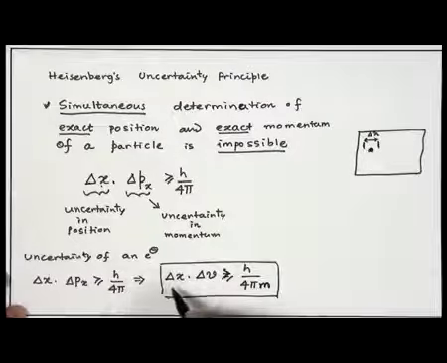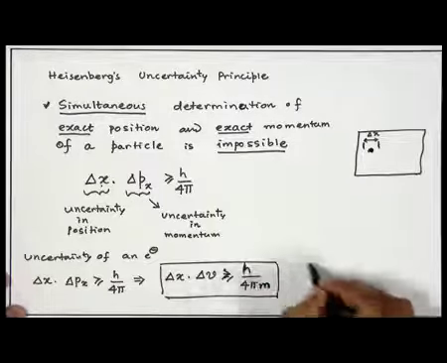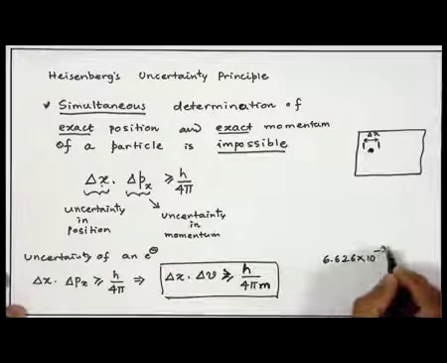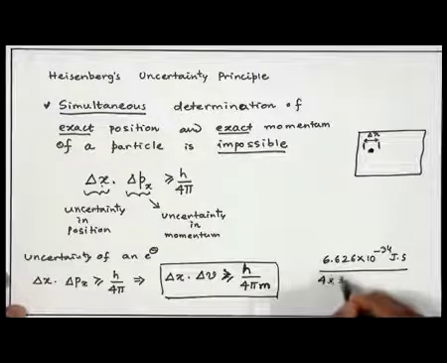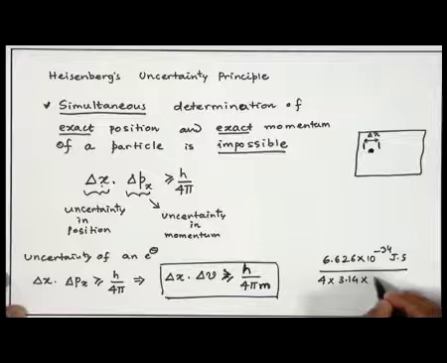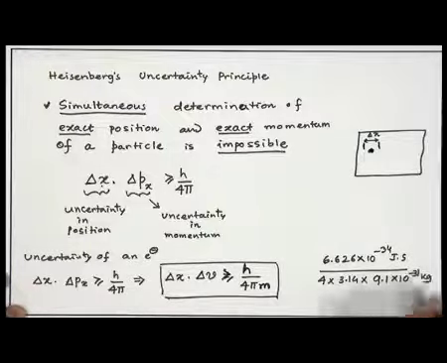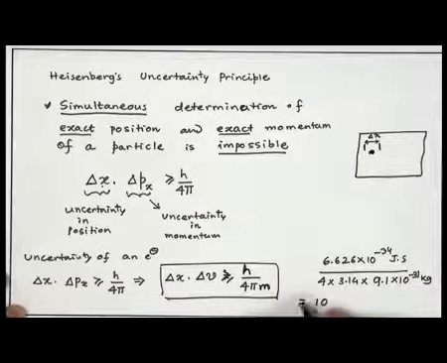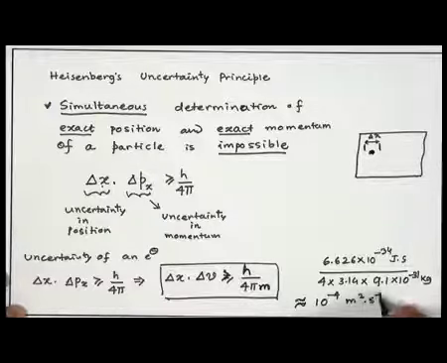If I want to measure the uncertainty of an electron, I have the value of h, 6.626 into 10 to the power minus 34 joule second, divided by 4 pi times the mass, which is 9.1 into 10 to the power minus 31 kilogram, which comes out to be approximately 10 to the power minus 4 meter square per second.